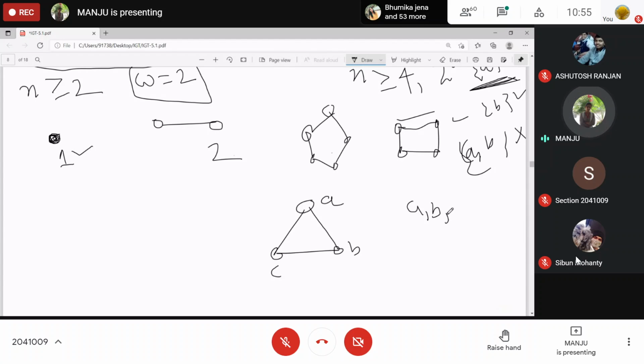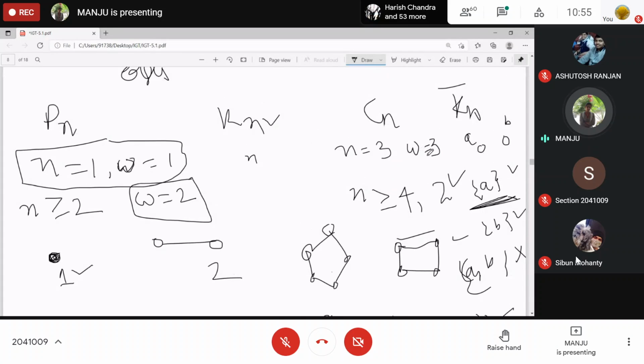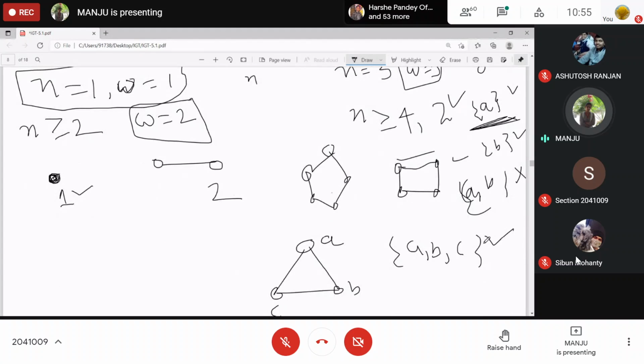All these are pairwise adjacent. That's why we are taking the maximum for omega. So maximum 3 is possible. Okay, ma'am. Got it?